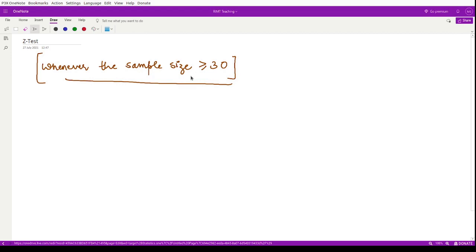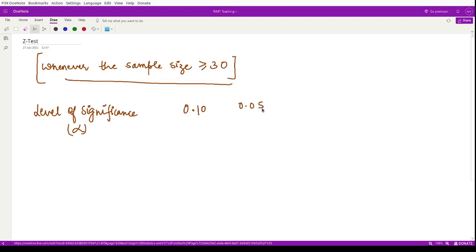So for this test, first of all, let us see the critical values for some of the most used levels of significance, right? So just write down this table, level of significance, which we represent by alpha, right? And so we are doing it for various values.